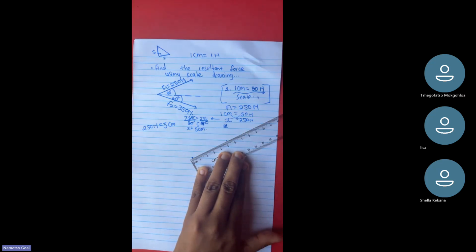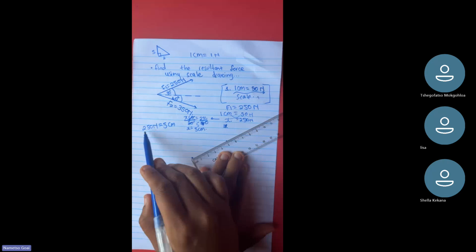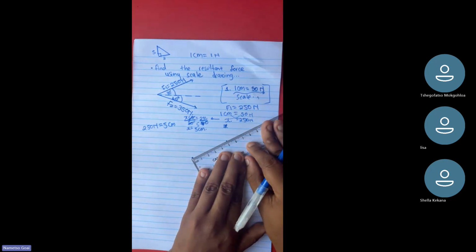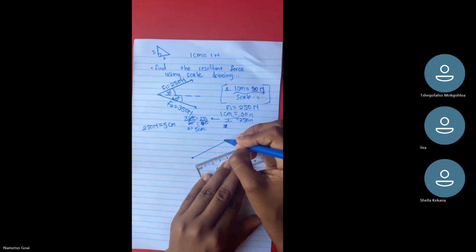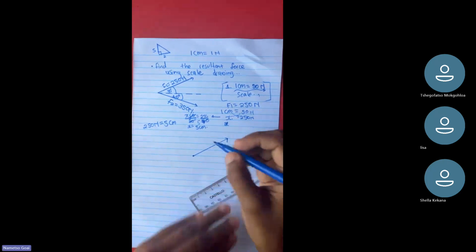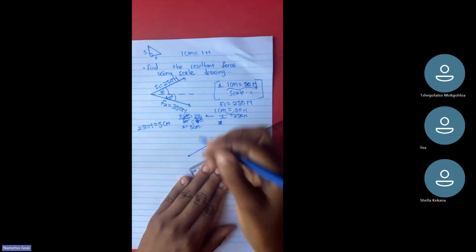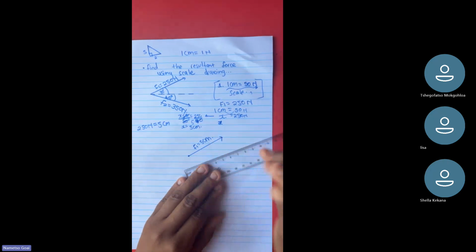At 5 centimeters. Because remember, we said 250 Newton is equal to 5 centimeters, right? So it would be over here. So this is our 5 centimeters. I'm not lying. Yes, this is F1, which is equal to 5 cm.